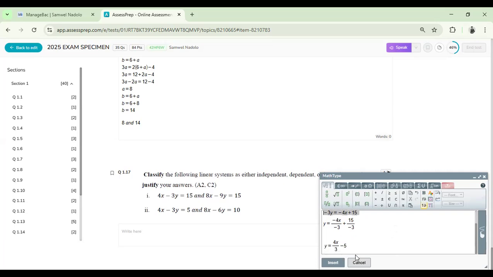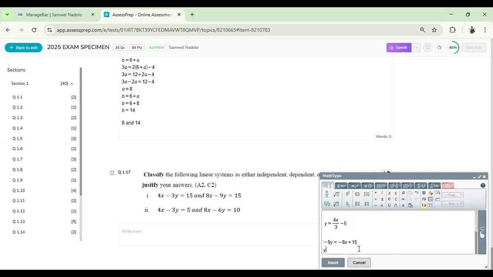Okay, let me write down there for the second system. I'll also move 8x to the right hand side, and I'll have on the left side 9 minus 9y equals to minus 8x plus 15. Now I'm going to divide everywhere by minus 9.